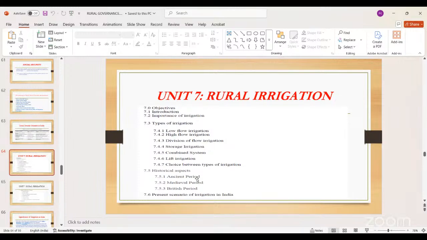Okay. So irrigation facilities are very important for development of rural areas, as we see that agriculture is one of the most prominent activities in rural areas. Irrigation is basically a matter relating to rural areas because crops are by and large grown in rural areas.